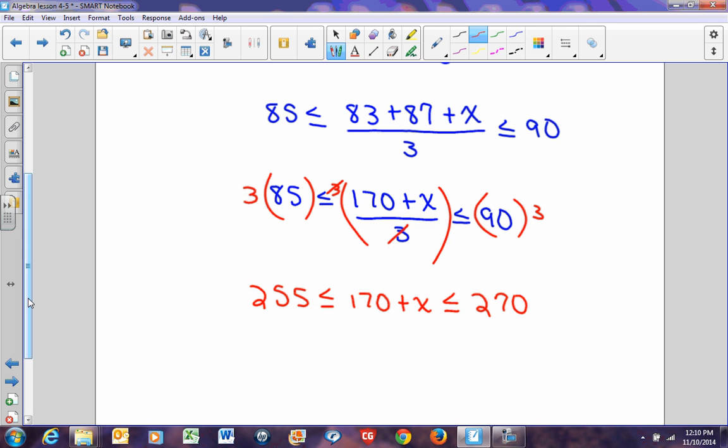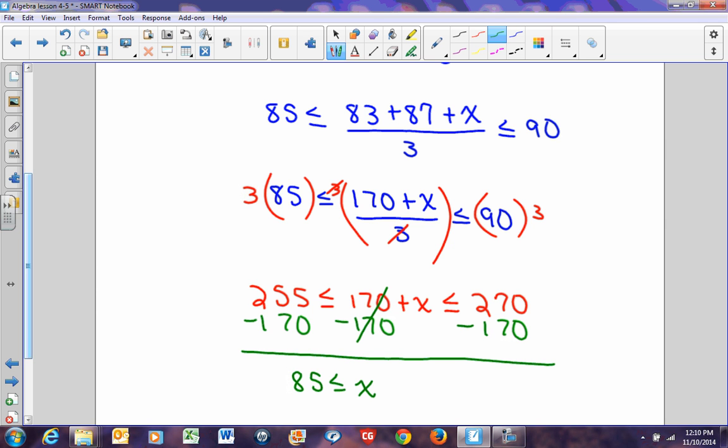Now I have a compound inequality. I simply need to solve for x. So I will subtract 170 from the middle, subtract 170 from the left, subtract 170 from the right. If I take 255 and I subtract 170, I get 85.